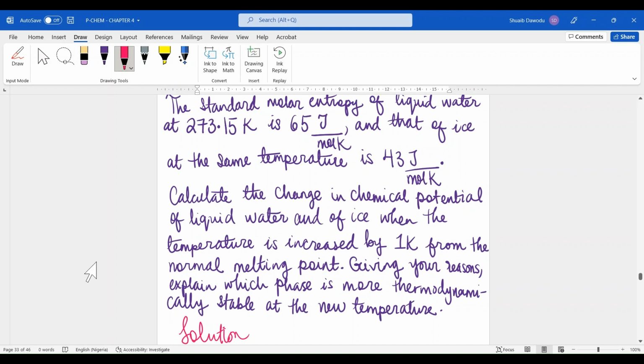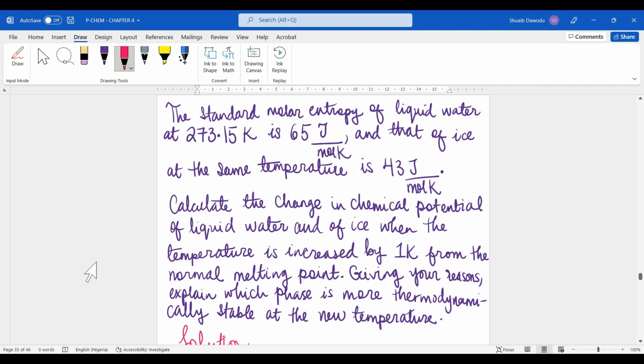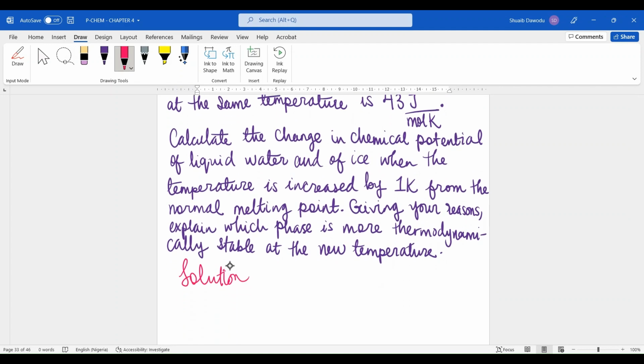So we were told that 273.15 Kelvin is the melting temperature, and that the molar entropy of liquid water at that temperature is 65 joule per mole Kelvin, as well as, at the same temperature, the molar entropy of ice is 43 joule per mole Kelvin. So I'm just going to write that down.